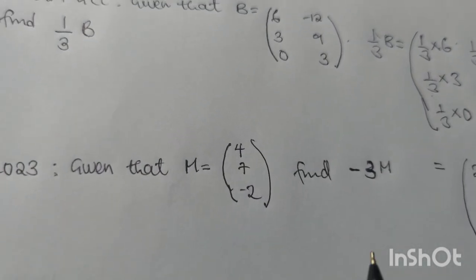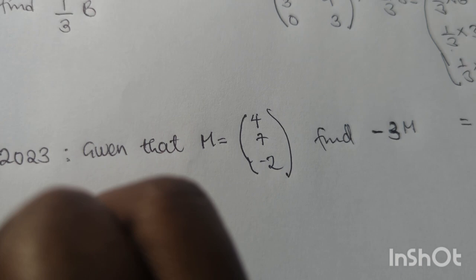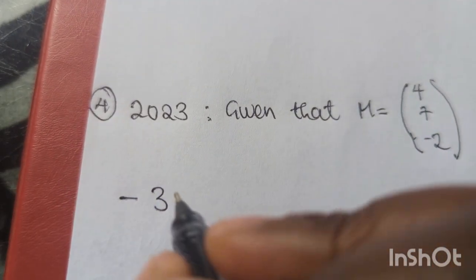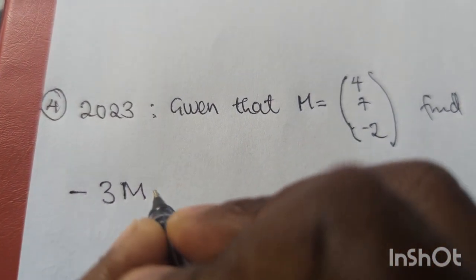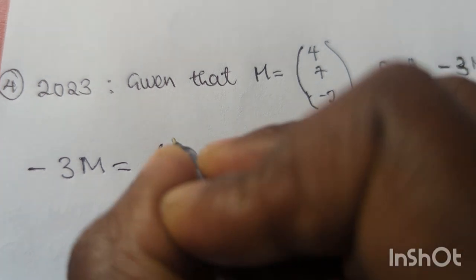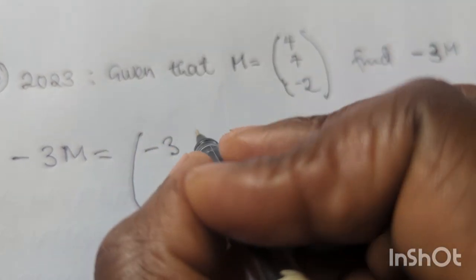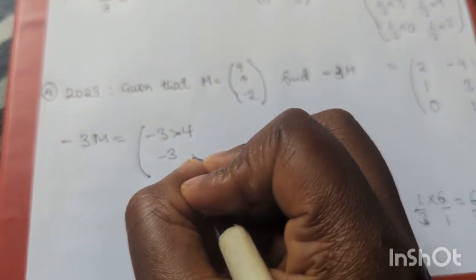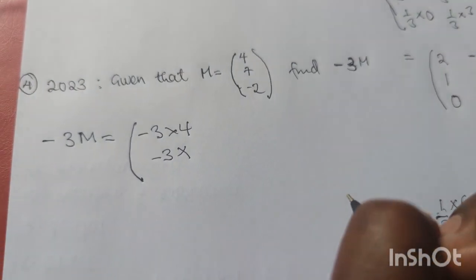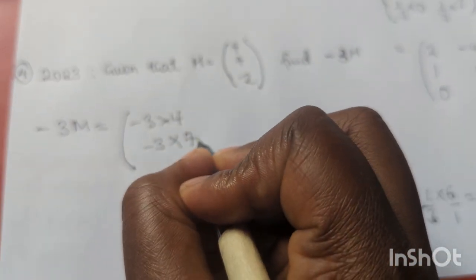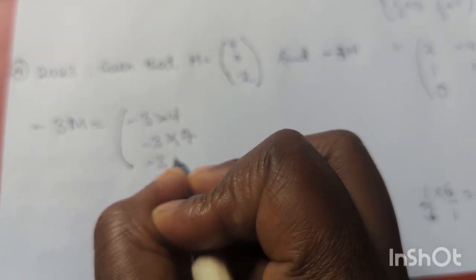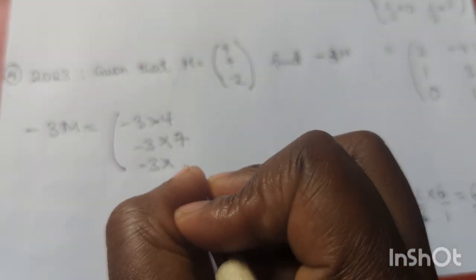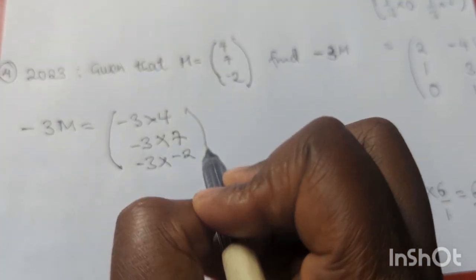So -3m is equal to, meaning -3 multiplied by 4, -3 multiplied by 7, and then the last one is -3 multiplied by -2.